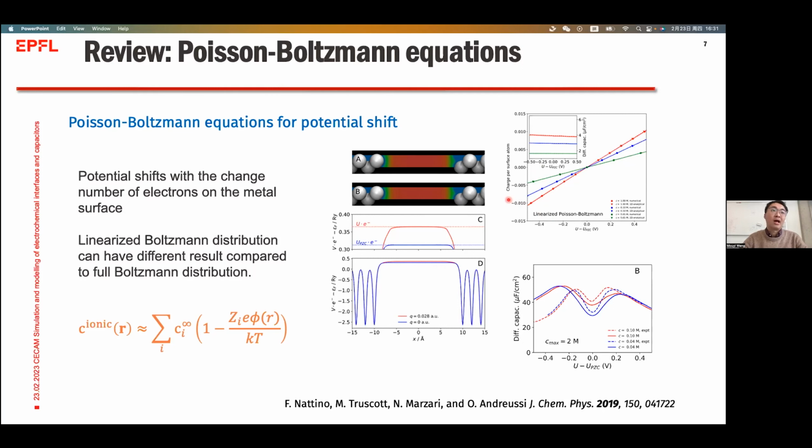Based on the relationship between the potential and the charge on the surface, we can calculate the capacitance, and with this model we get good agreement with the experimental result for the capacitance.